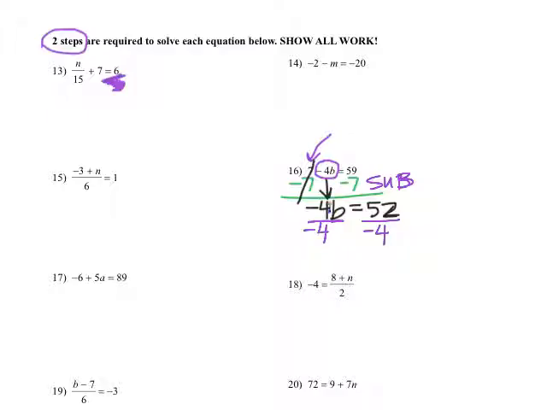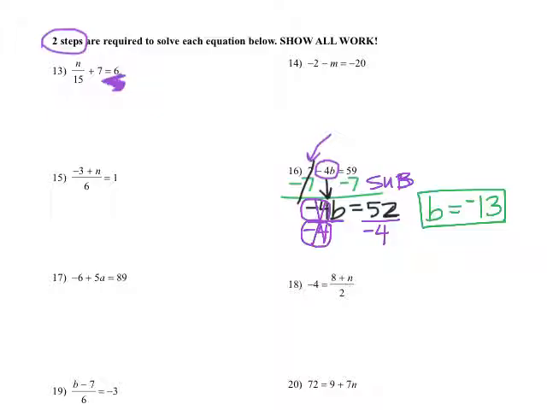Okay, because there's a negative sign in there, I also want you to include that negative sign when you do your division. This is going to cancel. Now we have b by itself. And b equals 52 divided by -4. And if you put that into your calculator, you'll see that b is equal to -13. And you can go ahead and cross that off on your answer key.